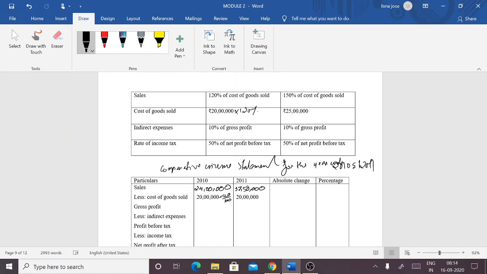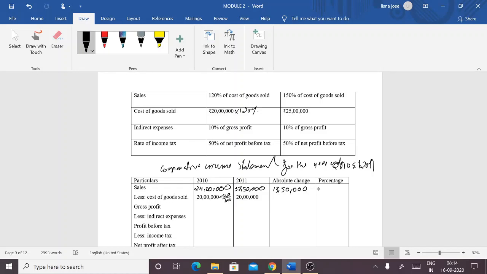Then we just need to compare the figures. From 2011 you need to compare with 2010. In the year 2010 the sales was 24 lakh, but in 2011 it increased by 13 lakh 50,000. So we will write the absolute change as an increase of 13 lakh 50,000.